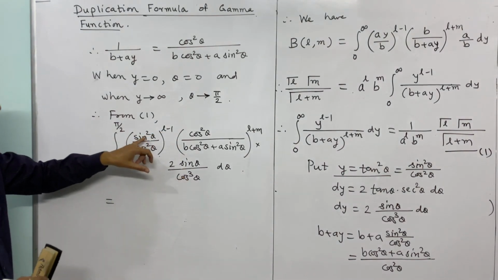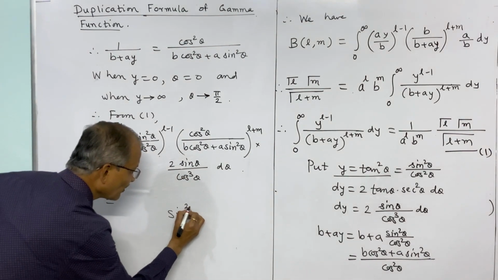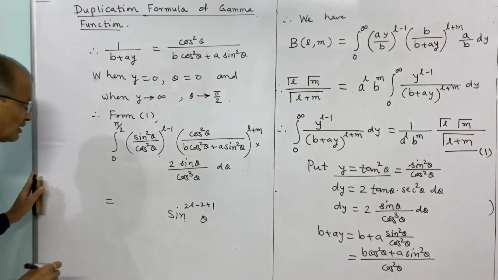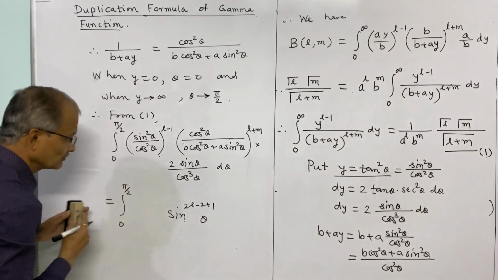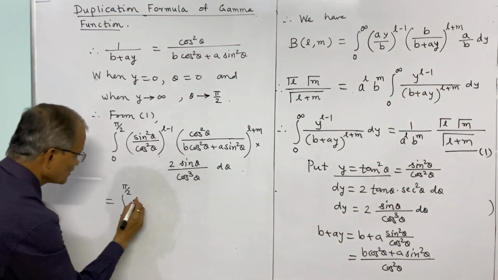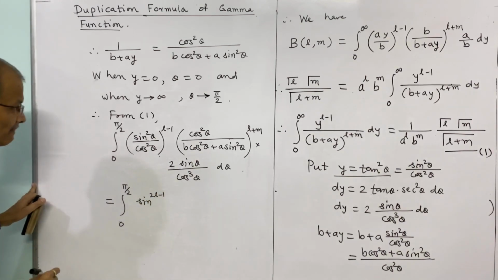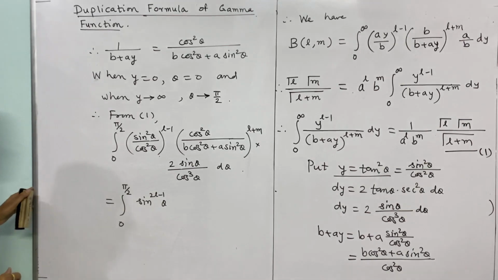So the total power of sine will be sin theta to the power 2L minus 2 plus 1, and that is 2L minus 1. So that is integral 0 to pi by 2 sin theta to the power 2L minus 1.